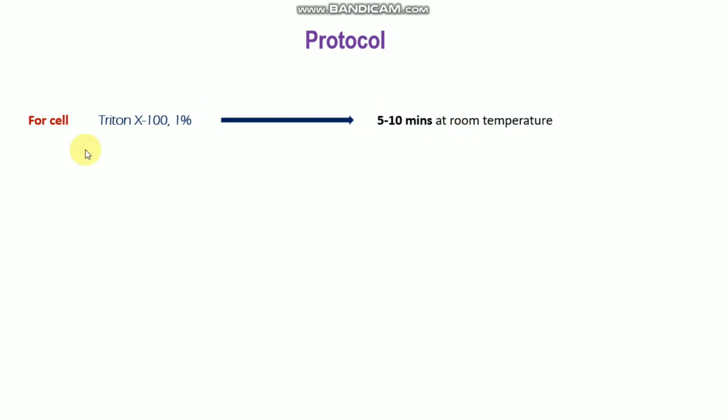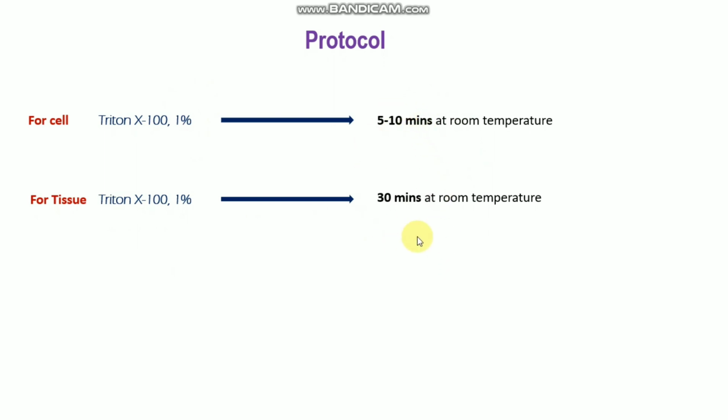Usually for cells we use Triton X100 at 1% for 5 to 10 minutes at room temperature, and for tissue we also use Triton X100 at 1% for 30 minutes at room temperature. But the percentage of Triton X100 and the incubation time can vary, and sometimes you need to optimize the protocol.